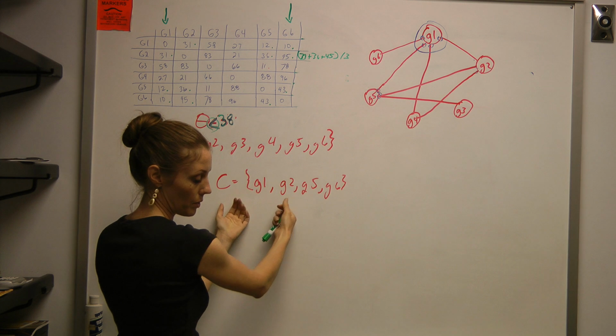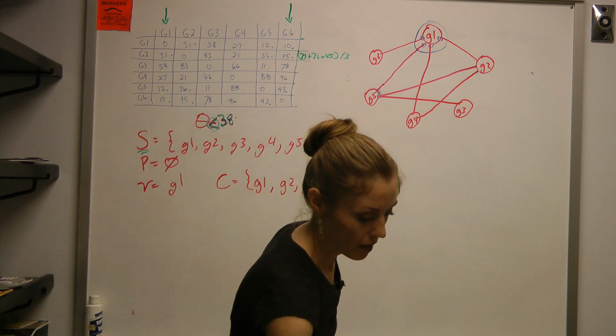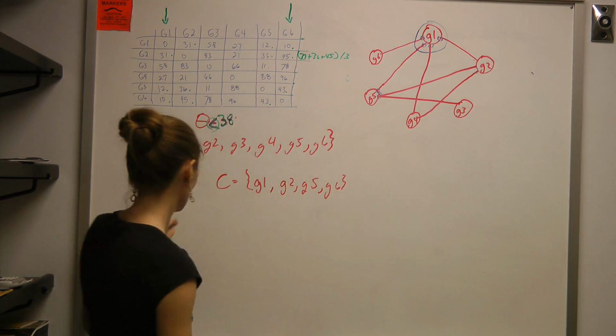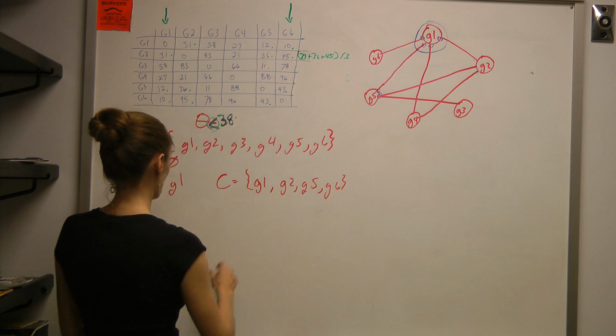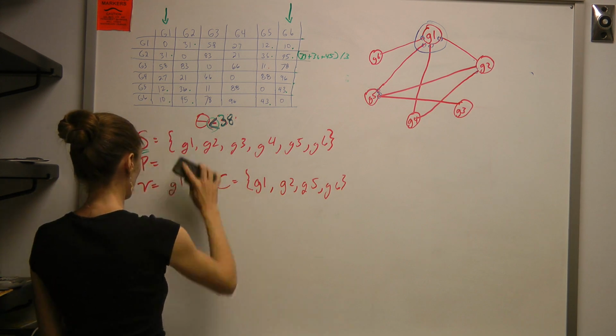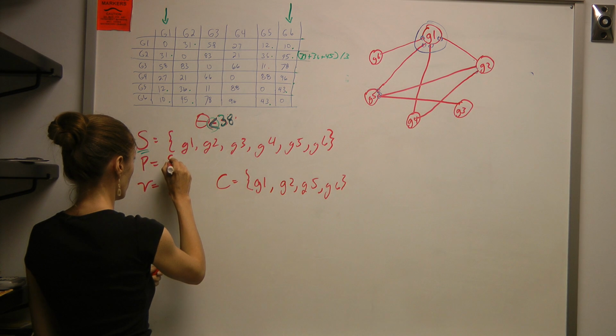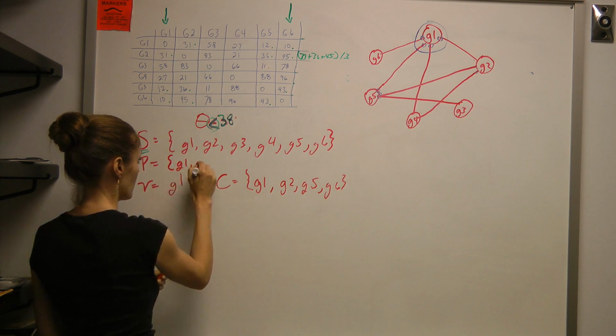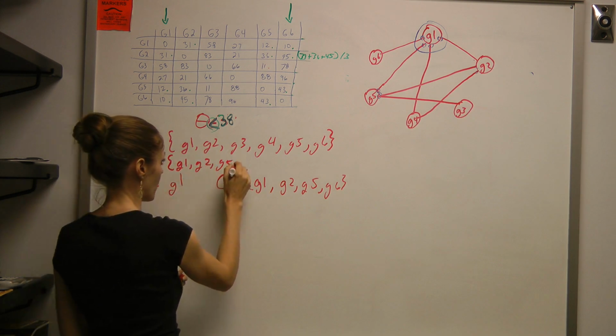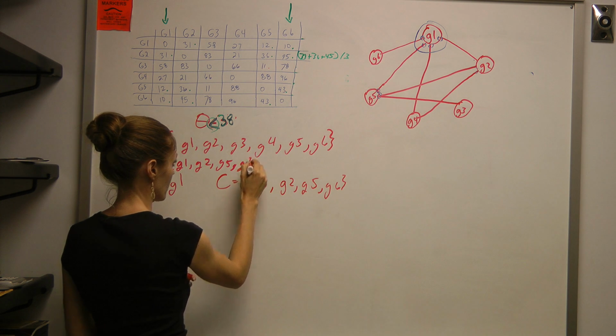So we go ahead and add that cluster to our partition. So we have our first cluster in our partition, which is G1, G2, G5, G6.